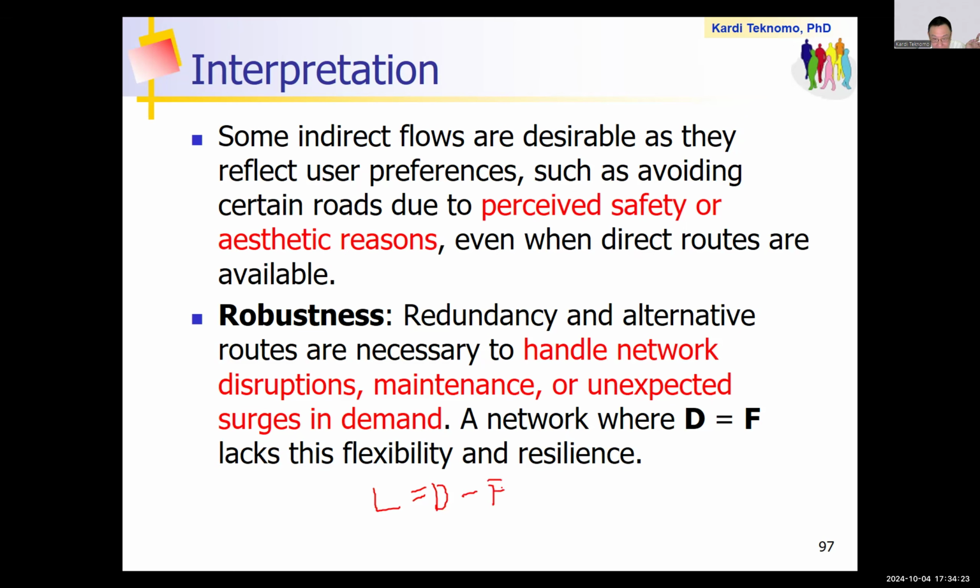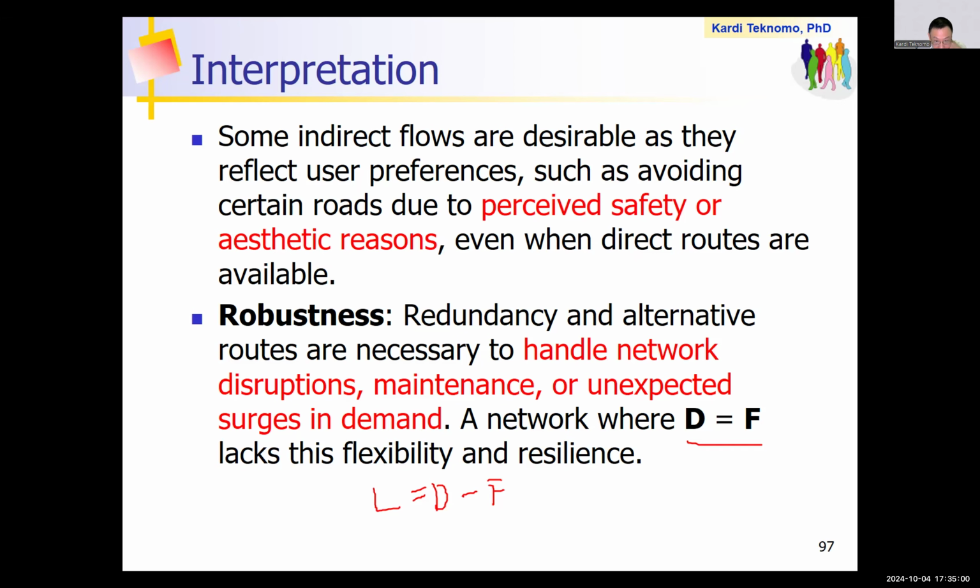So now if L is 0, that means D is equal to F, meaning the OD matrix is equal to the flow matrix. That looks very optimal, but this actually lacks flexibility and resilience. It is also almost impossible, unless in a small network. In a big network, having every origin connected to every destination is almost impossible. So indirect flow usually exists.